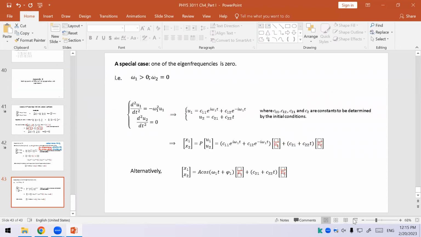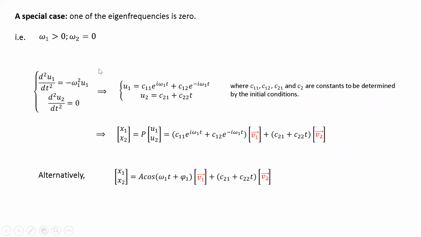The solution instead will be, in this case, again, I put this in the appendix: one is non-zero, the other is 0. If you go back to take a look at the equations of motion themselves, this is what you have. For one of them, the second order derivative is just 0.